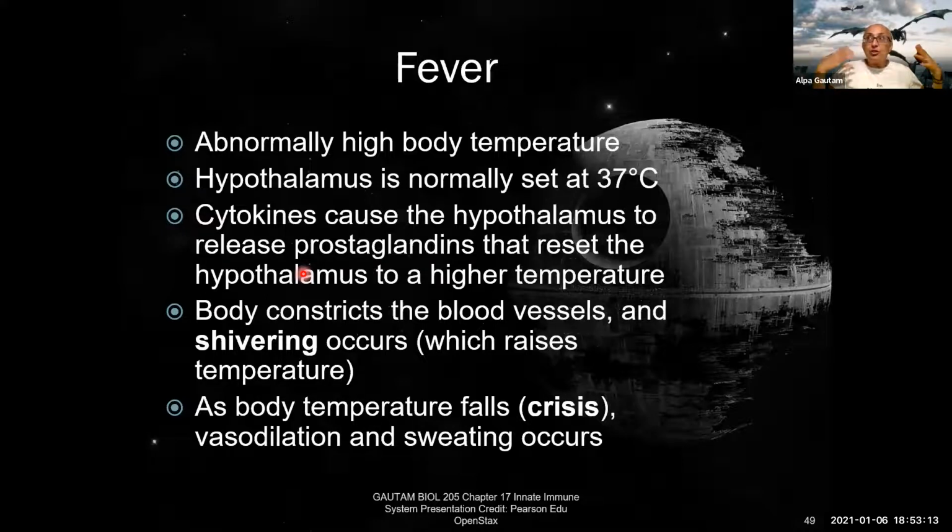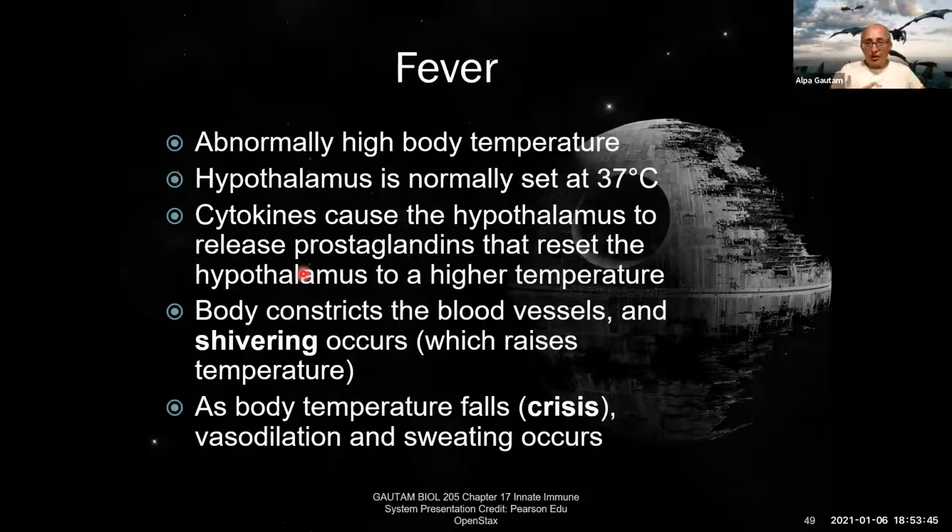Or how does the body create this high temperature? Well, what happens is the hypothalamus's normal body temperature is reset to a higher temperature, so that when the body increases the body temperature, you won't have these counter actions to bring that back, because otherwise that doesn't make sense, right? You bring up the temperature and then the body brings it back down again.